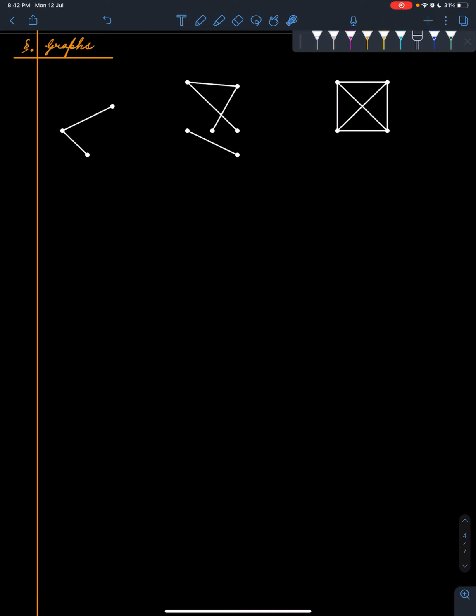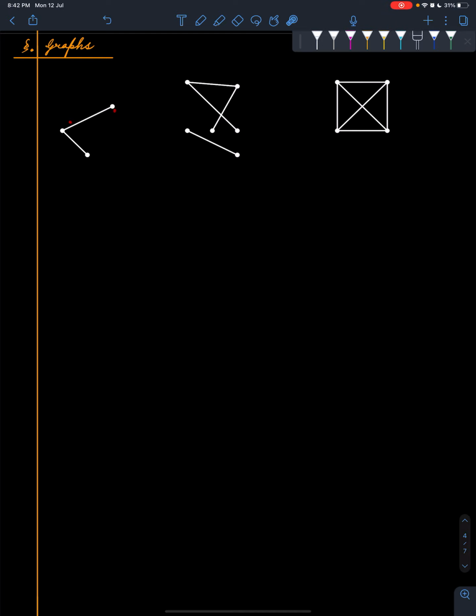It's just an unfortunate clash of terminology. So when we say graphs, what we mean is you have a bunch of points, we'll define it formally, but the intuitive notion is you have a bunch of points, and then some of the points are joined by edges. Some may not be, but some may be.